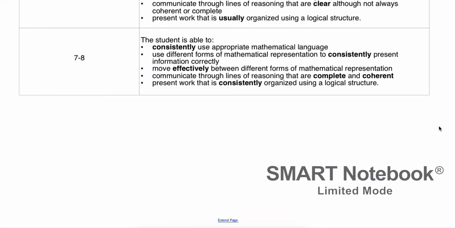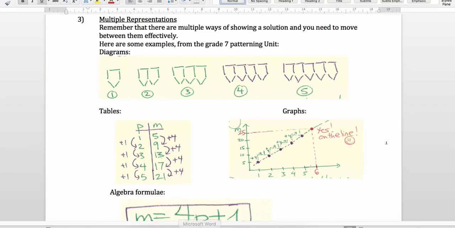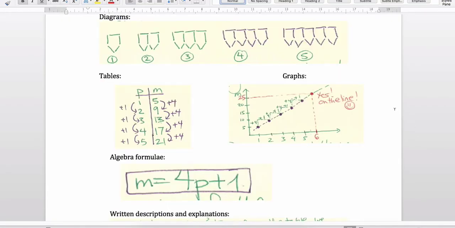The next strand is to use different forms of mathematical representation to consistently present information correctly. An example of this will be, here this is a patterning task. This is a screenshot taken from some work of a student, and here clearly the student used different kinds of mathematical representations.